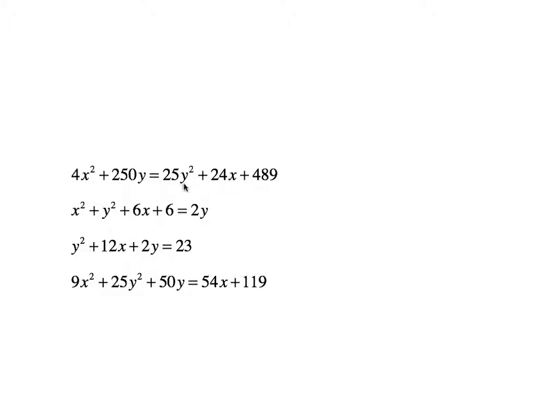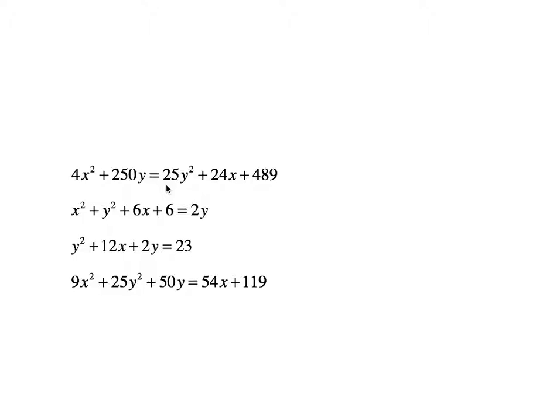This is because when we collect all variable terms on one side, one of the quadratic terms is going to be negative, which will correspond to a negative fraction when we're done simplifying.